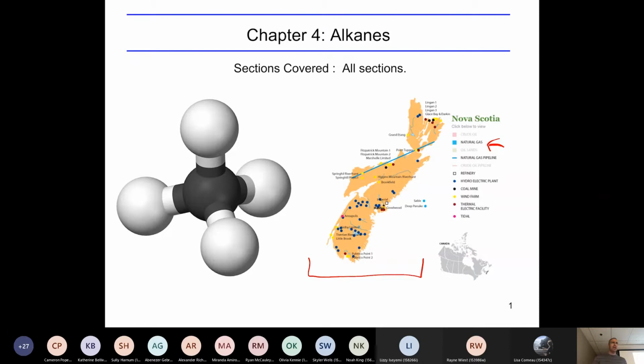That's probably where we encounter alkanes most often, in the form of fuels, things like oil, gas, and the things that are made from those, like lubricants as well. Plastics are generally made from oil. Many, many other things are made from alkanes as well.